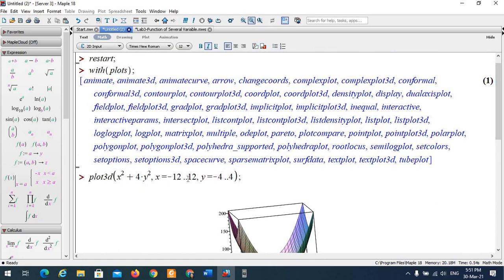Okay, this is plot 3D. This one plots the function of two variables.